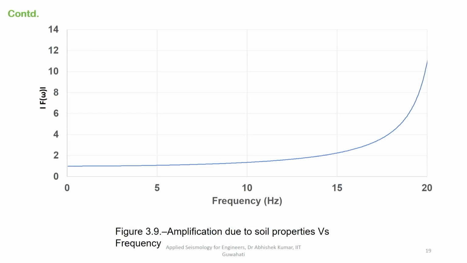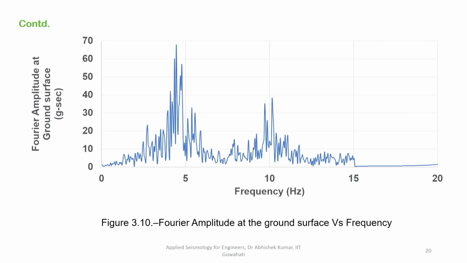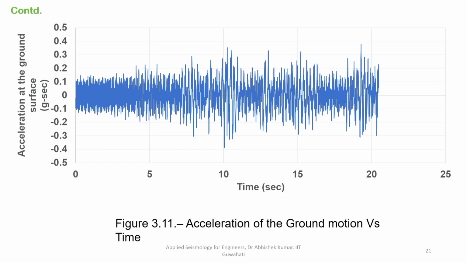This is the transfer function variation over the frequencies of interest. This is again the acceleration time history at the ground surface, which was obtained based on the product of transfer function and Fourier amplitude at the bedrock, which gives you the Fourier amplitude at the surface, and converting it from frequency domain to time domain. This is the acceleration time history at the surface.